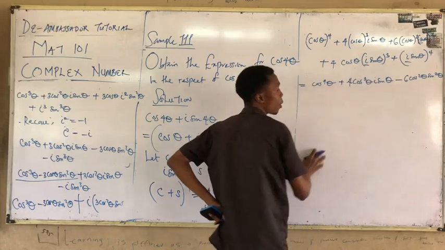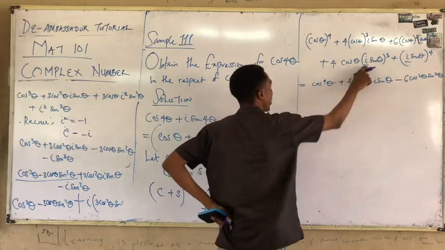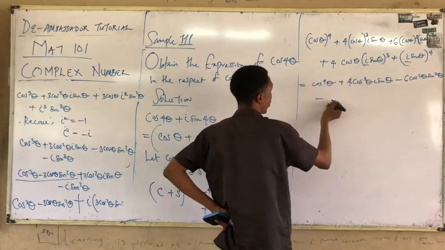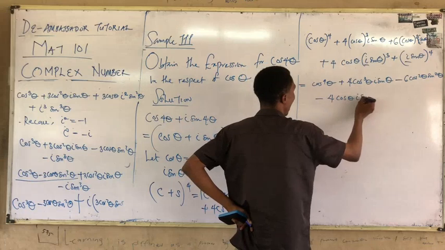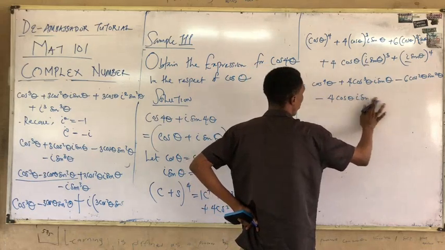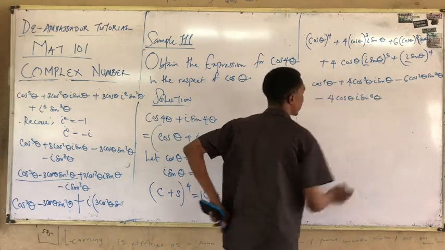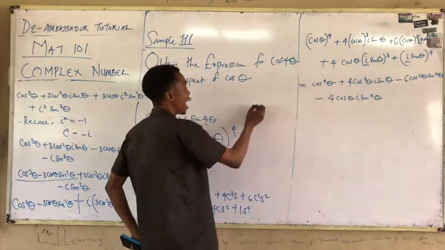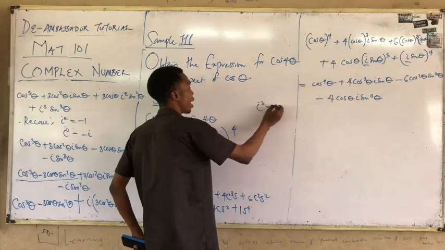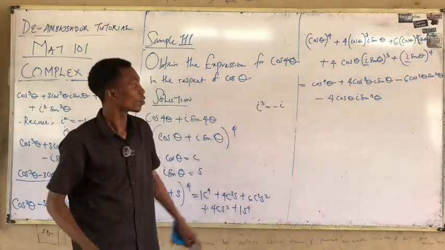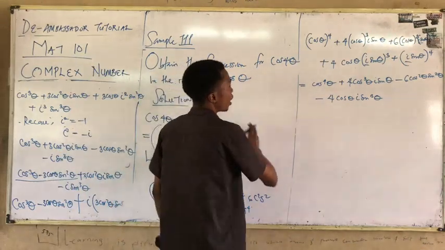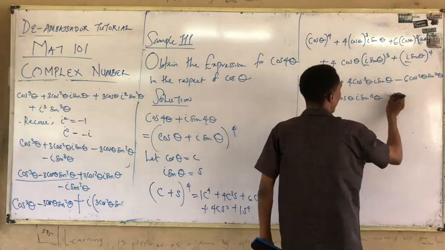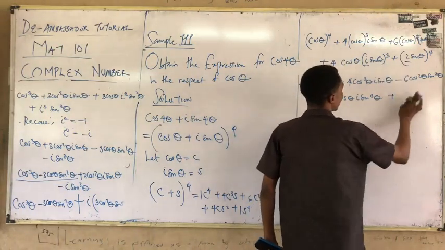Now what happened to this I? Minus I, so that's minus times plus. Minus 4 cos theta I sin cube theta. I remember that I in the power of 3 is minus I. The minus affected this one now. So let's go. This one now will be 1, sin what?